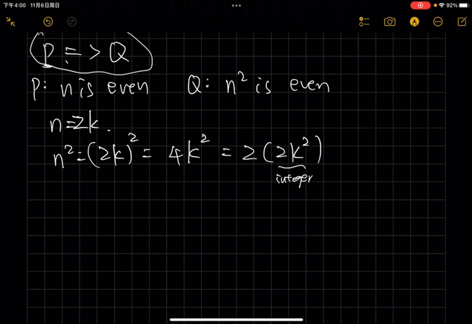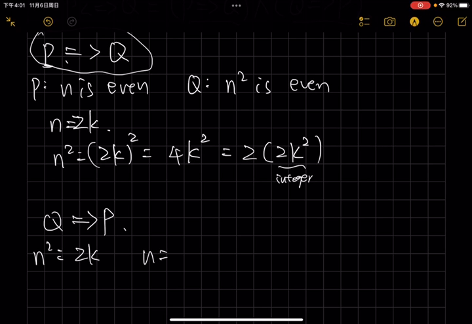Now we're going to prove the other direction. If we want to use direct proof here, it's a little bit hard because it's not that straightforward. You see, let's say n squared is an even integer, right?